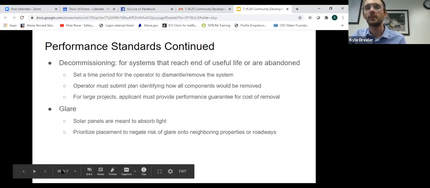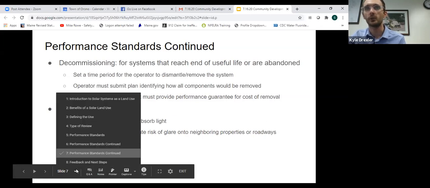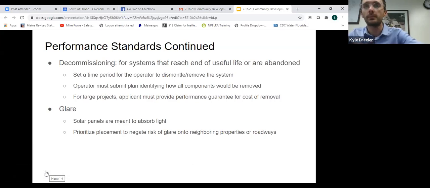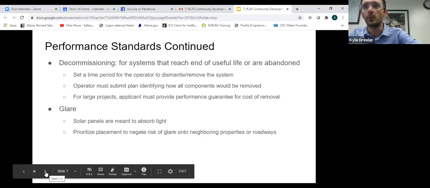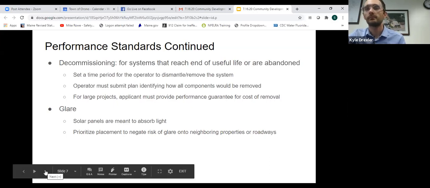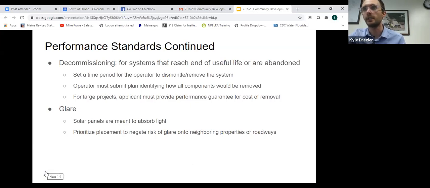But at the same time, it seems like it's fairly simple to still take some necessary precautions against creating glare onto neighboring properties or roadways that would cause a nuisance or a hazard for people. So prioritizing the placement of the system, a couple of slides ago I mentioned encouraging the placement of these systems on the side and the rear of lots.